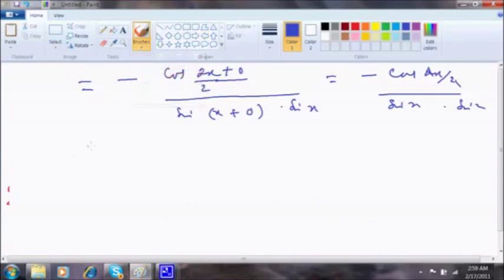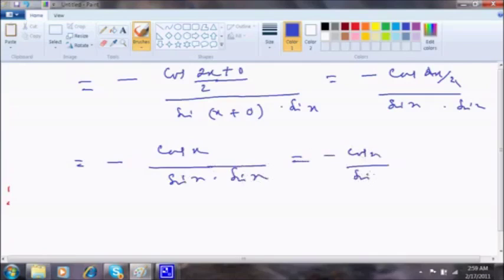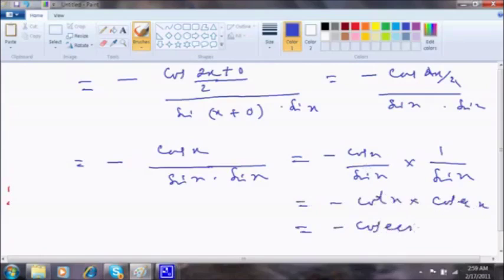So then it becomes minus cos x by sine x into sine x. What I can write like minus cos x by sine x into 1 by sine x. Cos by sine is cot, and this is cosec x. What is nothing but minus of cosec x into cot x. This is dy dx of cosec x.